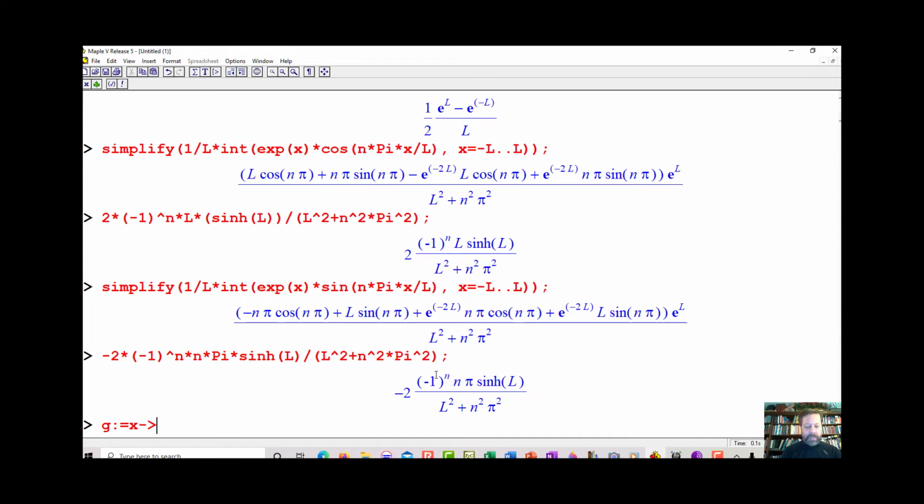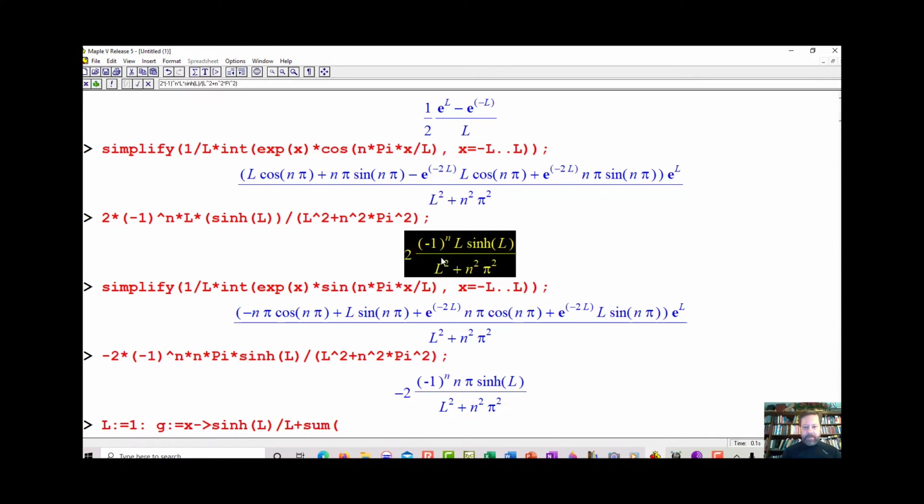The first term was a constant. Let's define what our L is here. Let's make L equal to 1 for the sake of argument. The first term is hyperbolic sine of L divided by L. But then we have a sum of a bunch of other terms. First of all, we have these terms. Notice the coefficients are very, very similar.